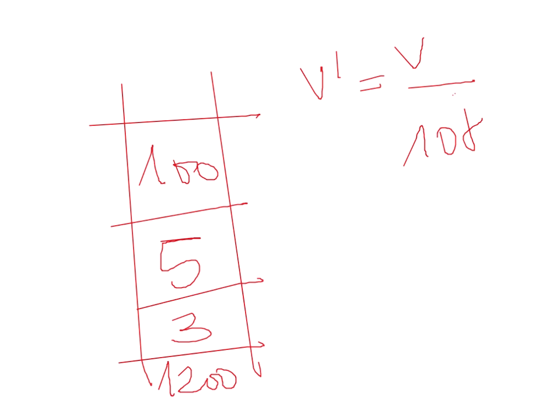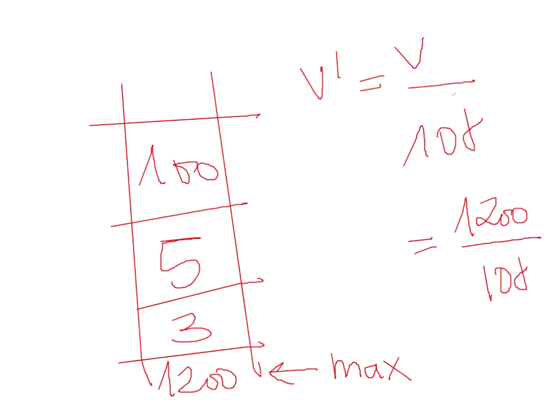So what is the max here? This is the max. Okay. So I have to divide 1200 by 10 to the power g, and it must be less than 1. So g in this case, 2 is 100, 3 is 1000, 4 must be 4.